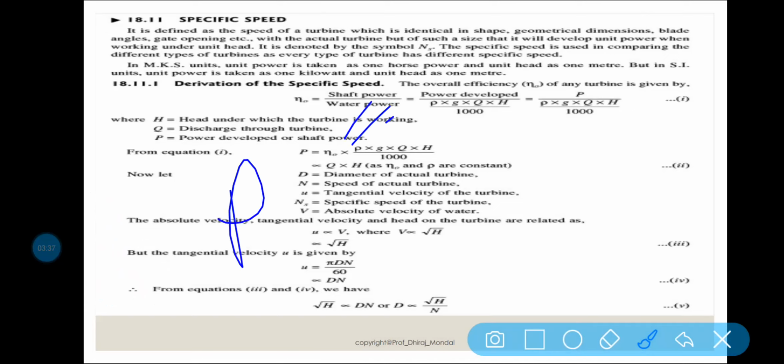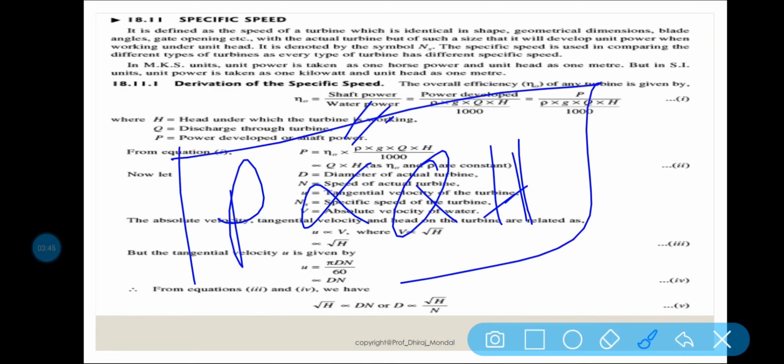So power is proportional to Q into H, because if you change the discharge or the head, the power will vary. The variables are discharge and head only, and the rest of the parameters are constant. So I can write P proportional to Q into H.